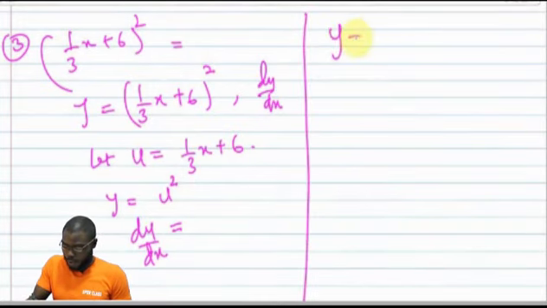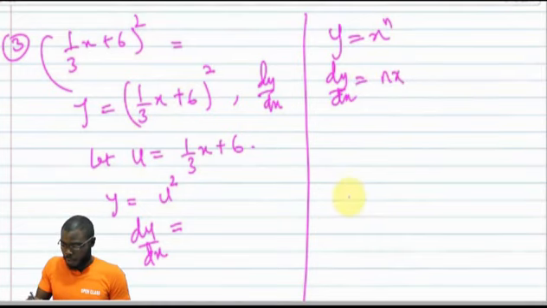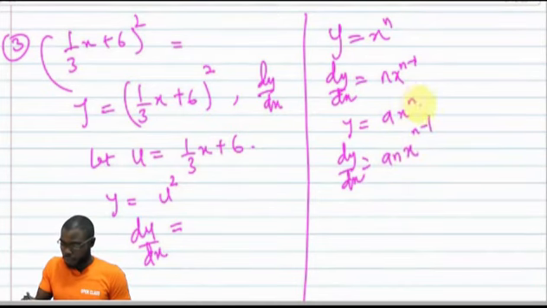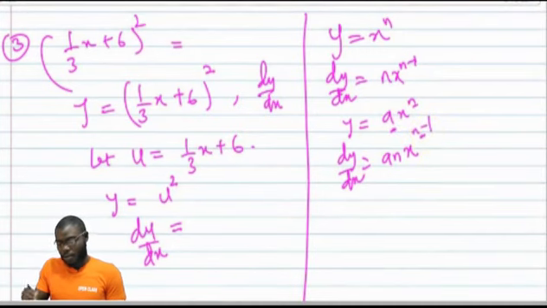If you have y equal to x raised to the power n, then dy/dx is equal to n times x to the n minus 1. You multiply the power by the coefficient, then you subtract 1 from the power. Similarly, if you have y equal to a x^n, then dy/dx will be equal to a times n times x raised to the power n minus 1.